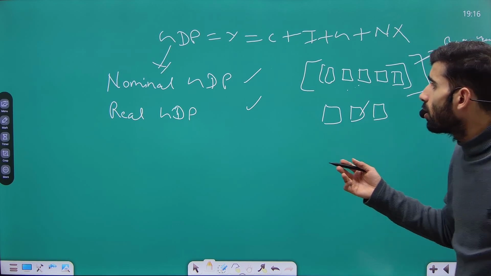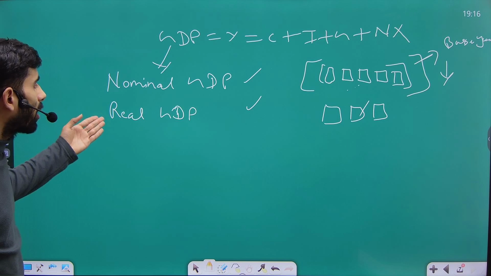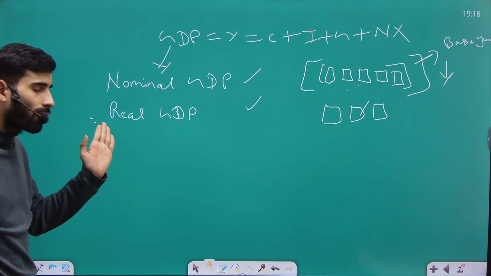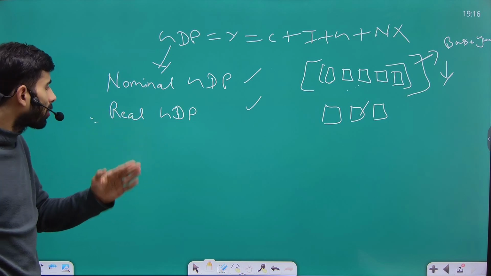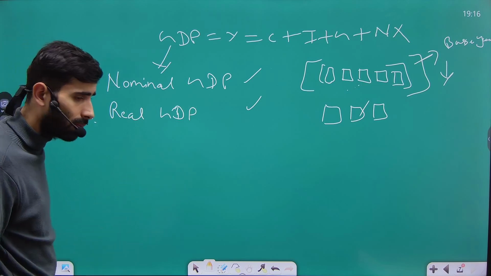So basically, as we defined, nominal GDP is different, real GDP is different. Real GDP is the market value of all the final goods and services newly produced when measured in terms of base year prices. So there must be a difference between nominal GDP and real GDP in terms of a formula.